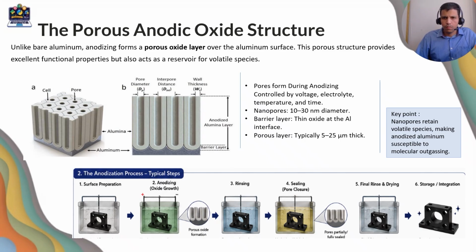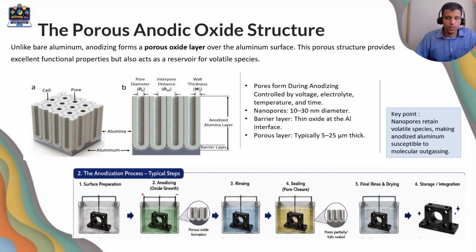Now we can move to the next slide and discuss more about how outgassing is happening, what the outgassing mechanisms are, and what the environmental factors affecting that are. That will give more idea on how to mitigate it later.